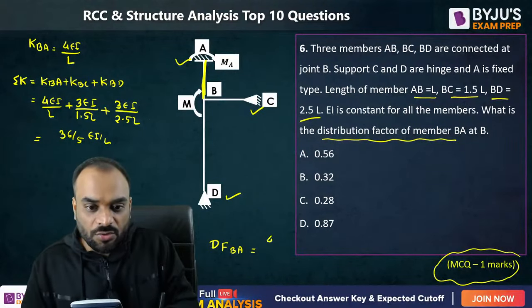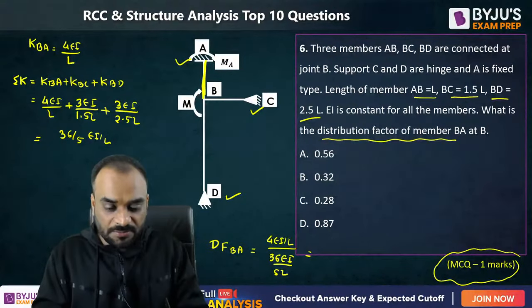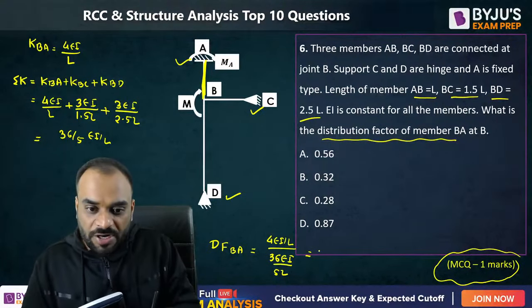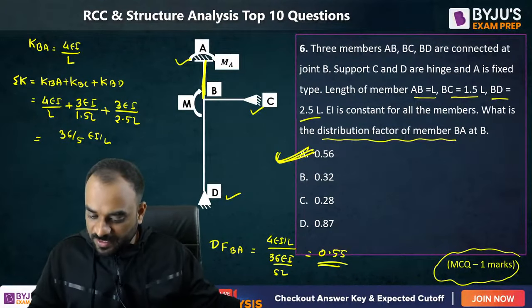BA is equal to 4 EI by L divided by 36 EI by 5L. Please calculate this. How much you are getting? 0.56, 0.55 something. So A is the correct answer, 0.56.